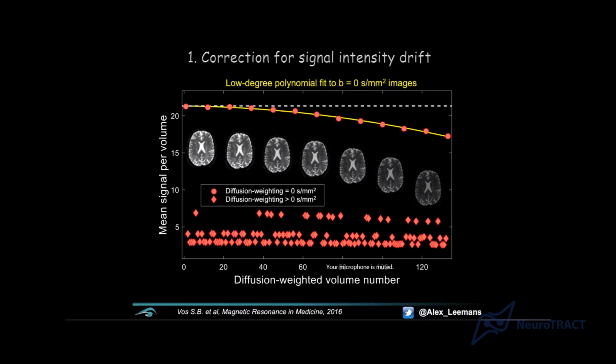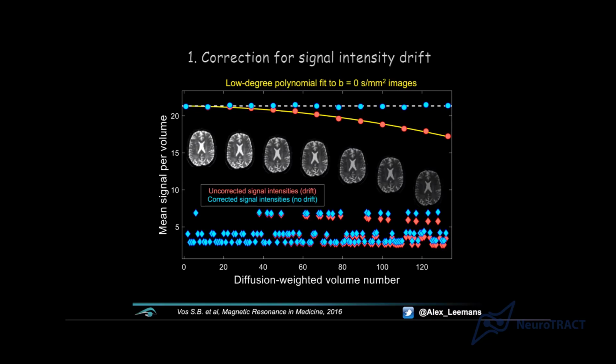We have characterized it with the coefficients of this polynomial, so we can now detrend all the data with this information. What I'm showing you here in blue is the corrected signal. We basically multiply, for each point along the horizontal axis, the original data with a scale factor derived from this polynomial.